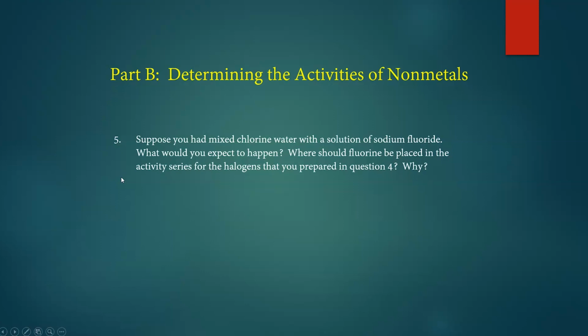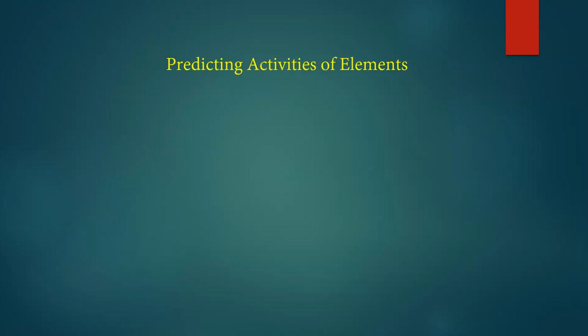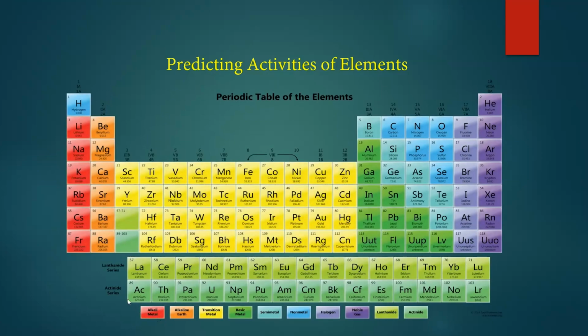Even if you don't do a reaction, it is possible in many cases to predict what's going to happen in one of these reactions. As I mentioned a moment ago, it is often possible to predict the activities of elements without actually doing a chemical reaction. And we can do that by looking at their position on the periodic table. There's a trend on the periodic table as you go from left to right across a period on the table.